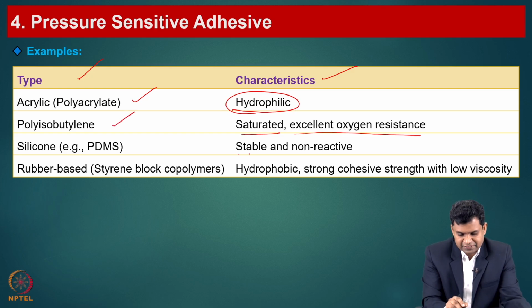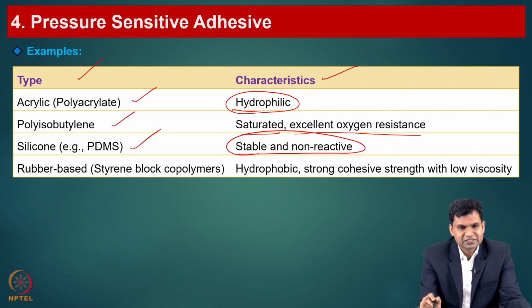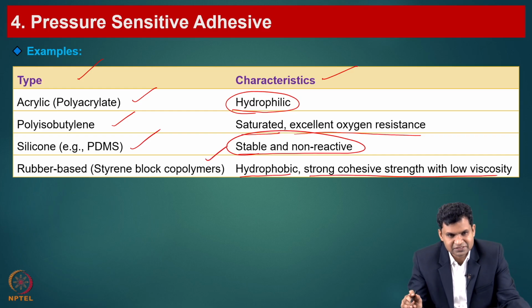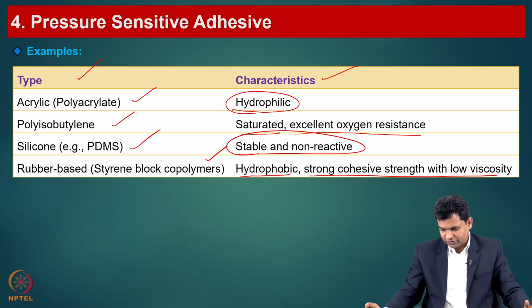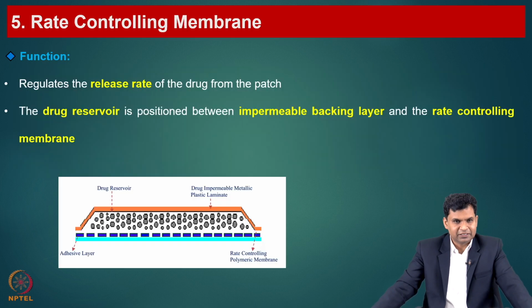If you are looking for stable and non-reactive, then we need to select silicone based materials. And if you are looking for hydrophobic, strong cohesive strength with low viscosity, then you should select styrene based or rubber based polymers as pressure sensitive adhesive layers.